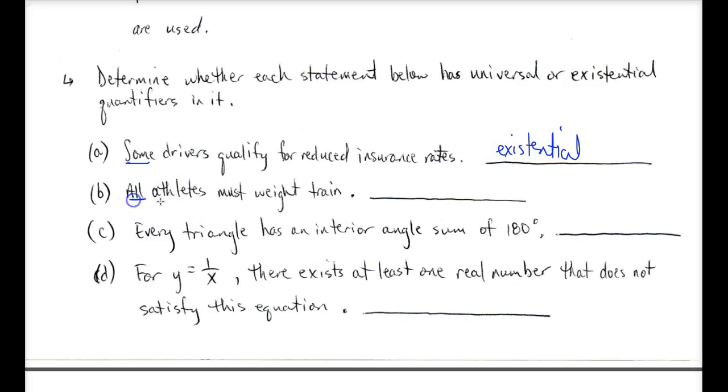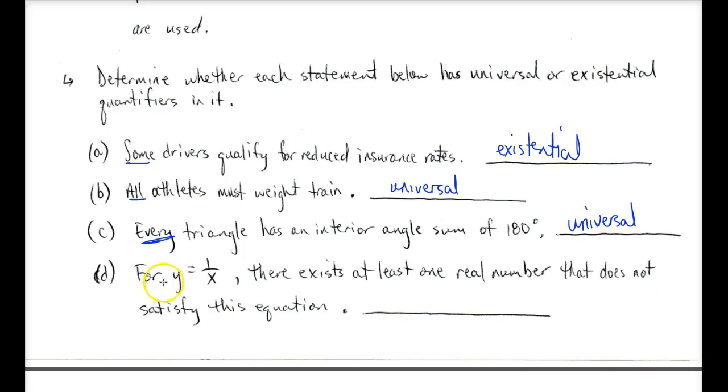For B, since we see the word all in there, all athletes must weight train, that's going to be a universal quantifier. For C, it says every triangle has an interior angle sum of 180, excuse me. And so the word every lets us know that we are experiencing a universal quantifier there.